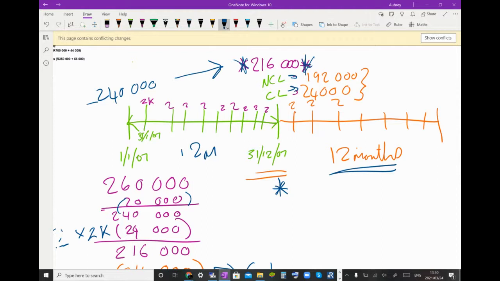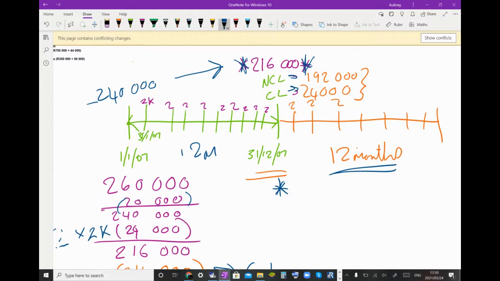Now you're asking, why did we go on to further break it down? Remember, in order to find out what our non-current and what our current is, current is what are we owing within the next 12 months. Does it make sense?